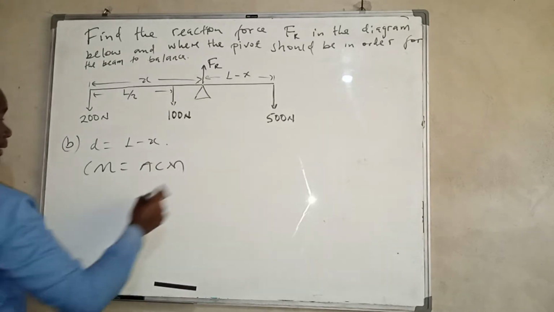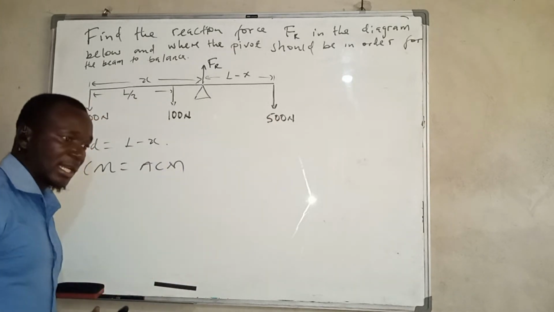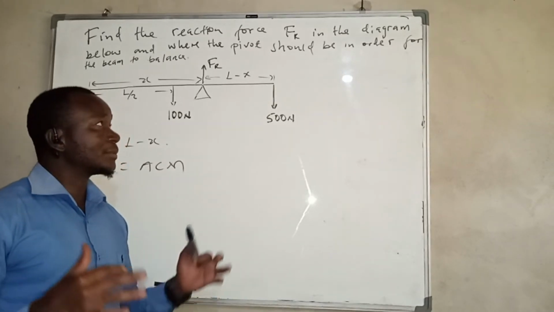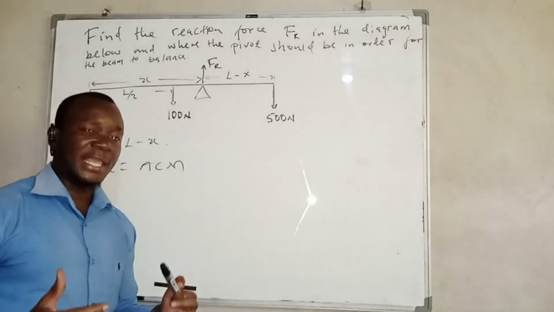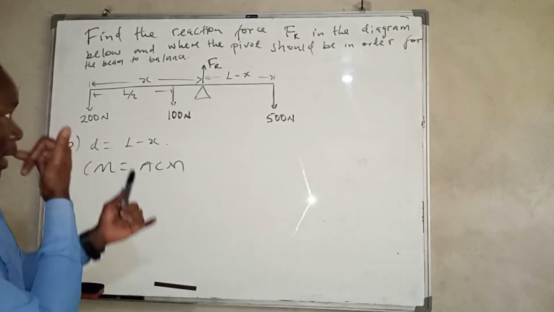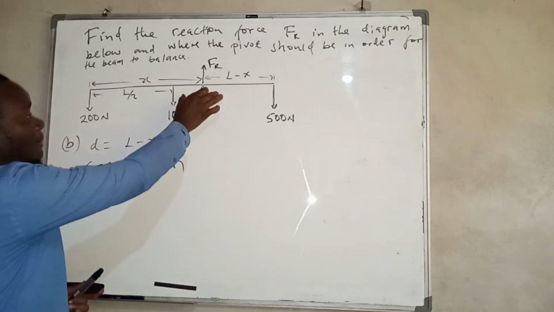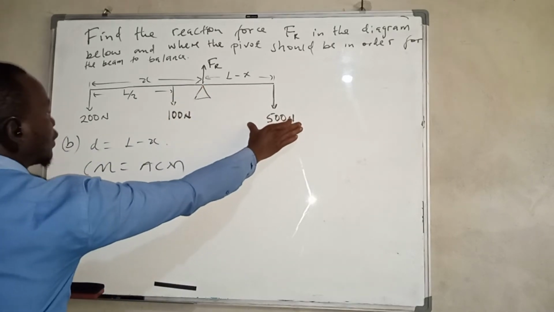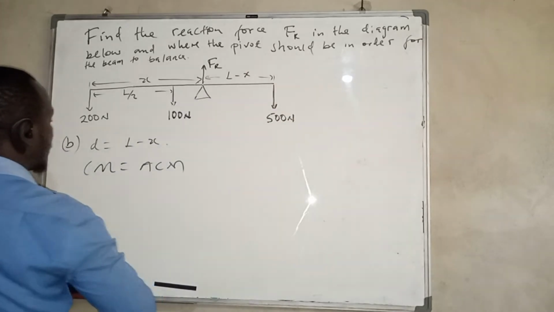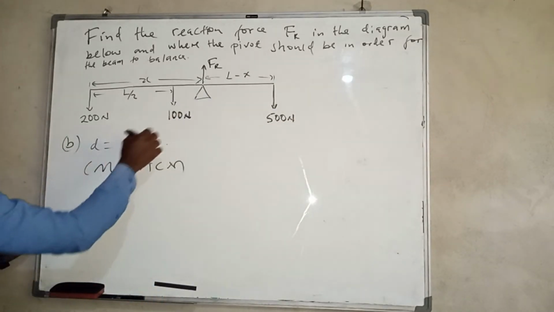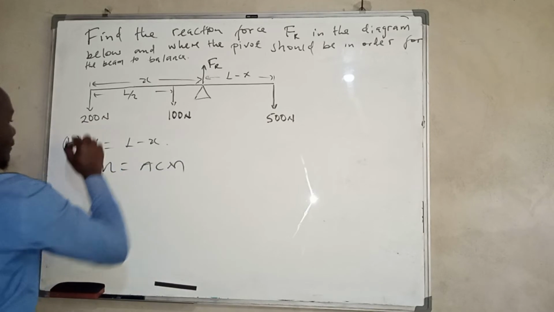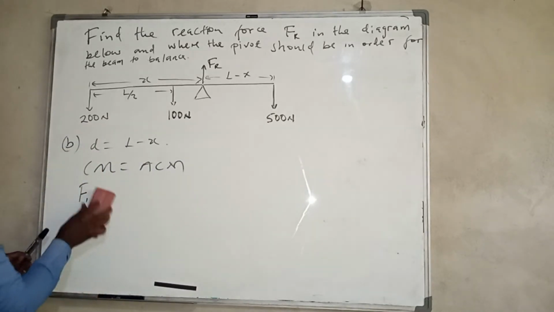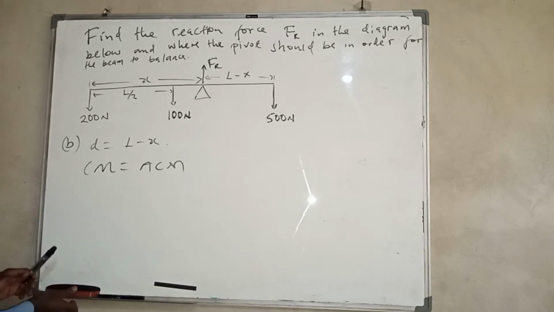By the way, moment is actually the product of force times perpendicular distance from the line of action, or from the fulcrum, or from the pivot. So in this case, we have the pivot, which is here, and for the 500 newtons, we have this one.